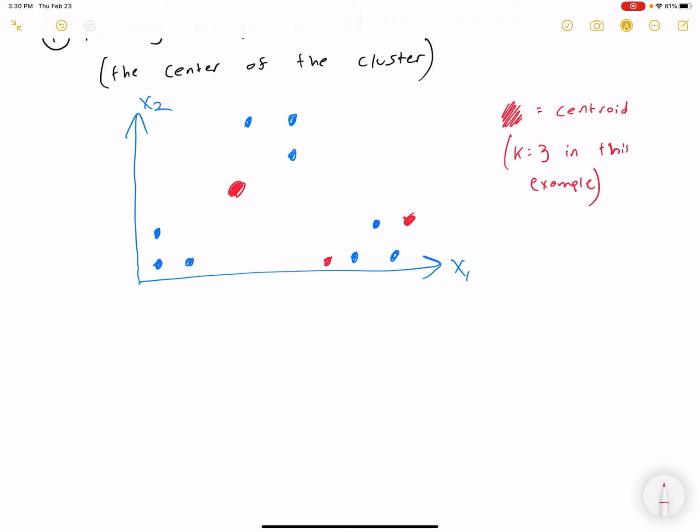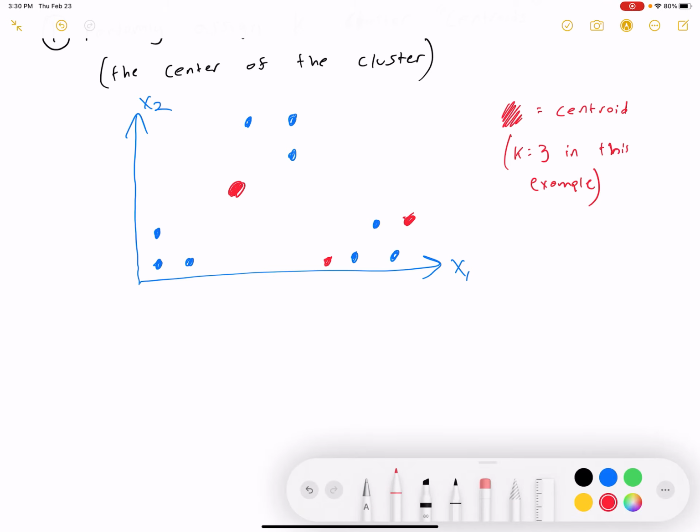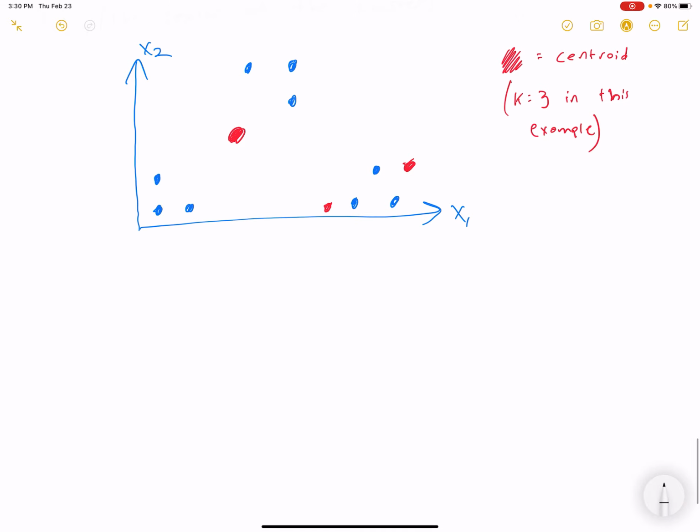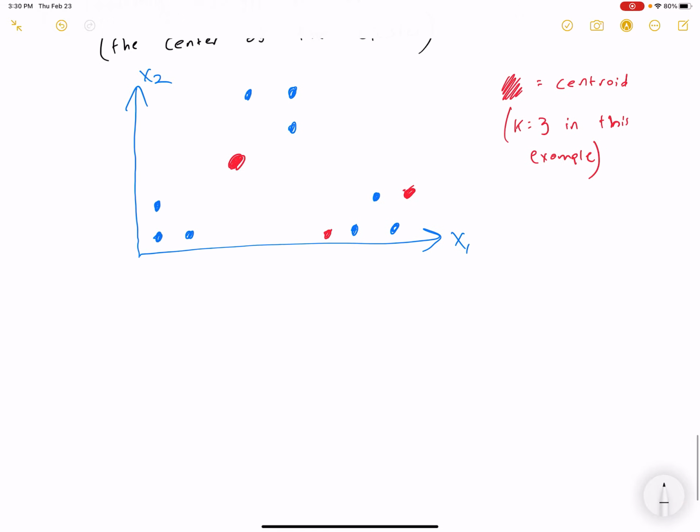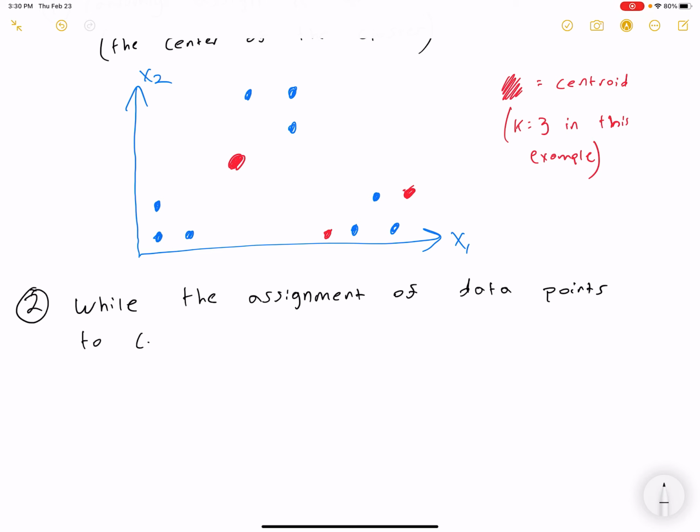Okay. So step 2 is a while loop. While the assignment of data points to clusters or centroids doesn't change.